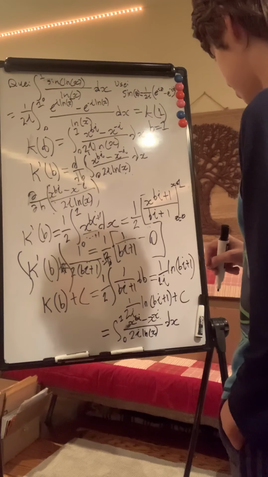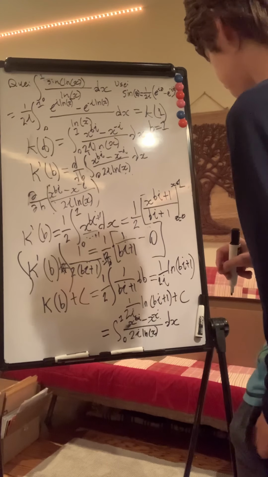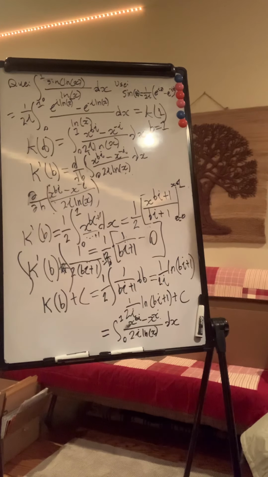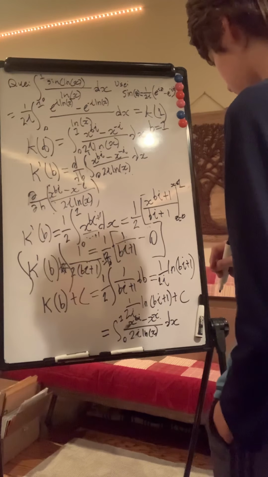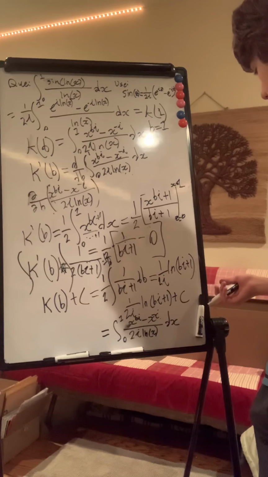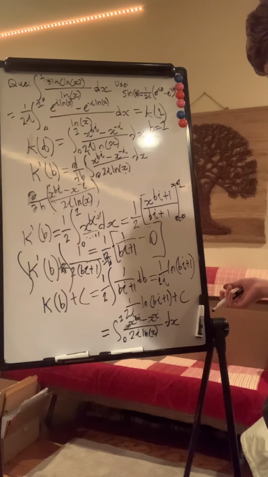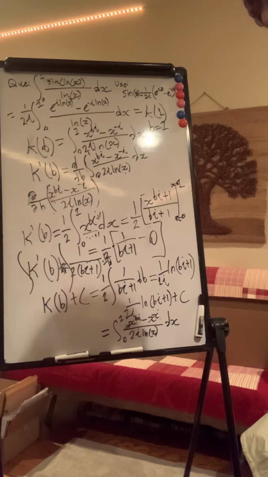So what else? It's a bit tricky here, because ideally we want b to be -1, right?